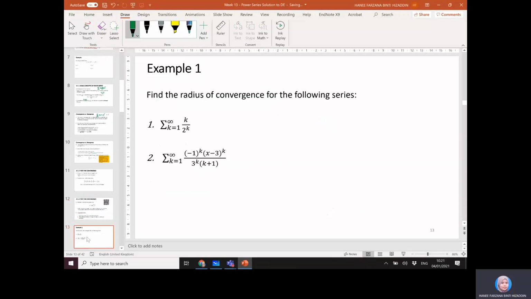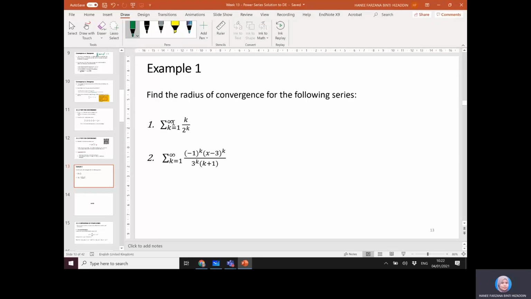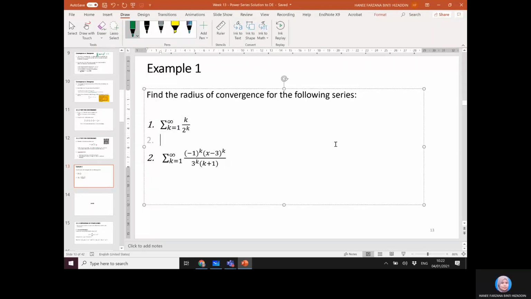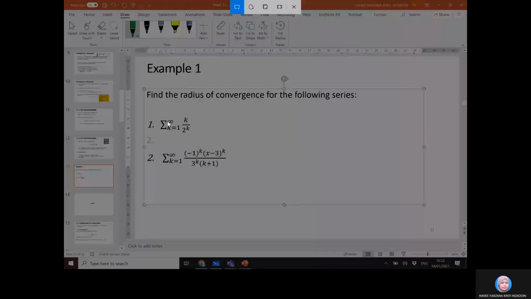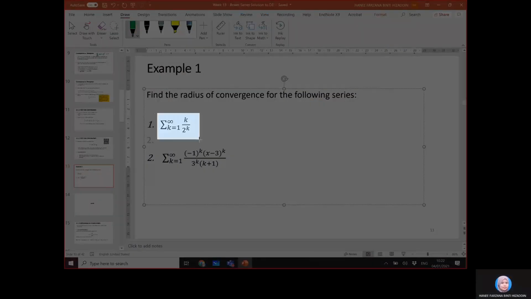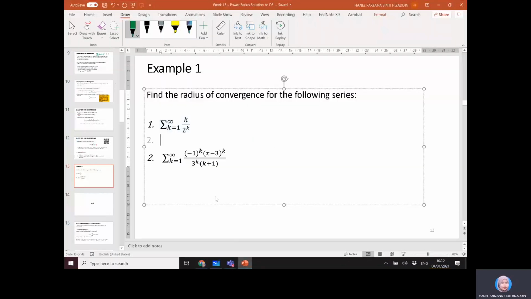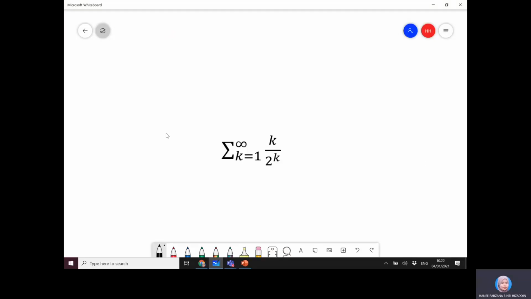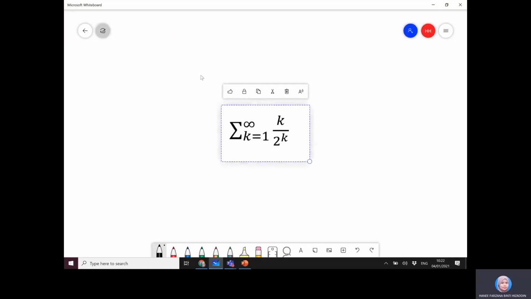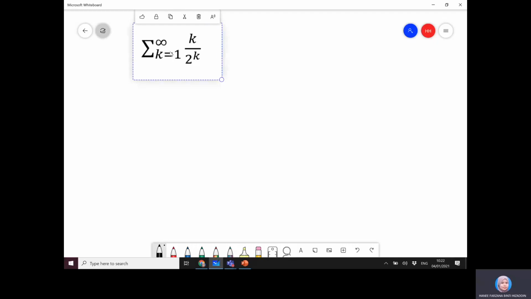Okay, so let's go through example 1. We want to find the radius of convergence for the following series. So let's look at example 1 here. We do this one on the whiteboard. All right, so we're going to use the Lambert's ratio test to test for the convergence of this power series.